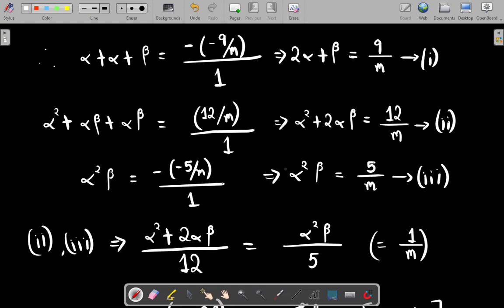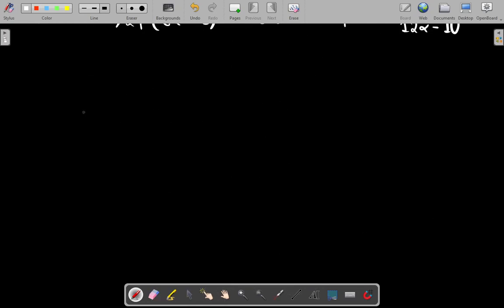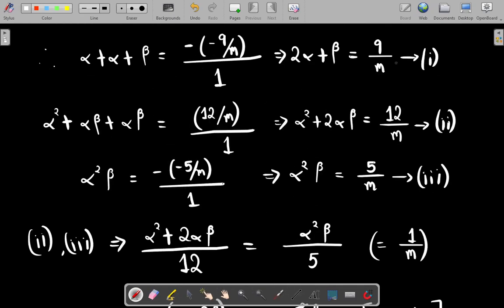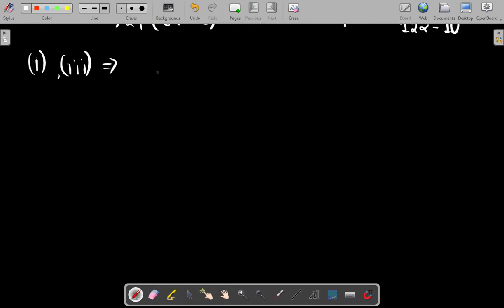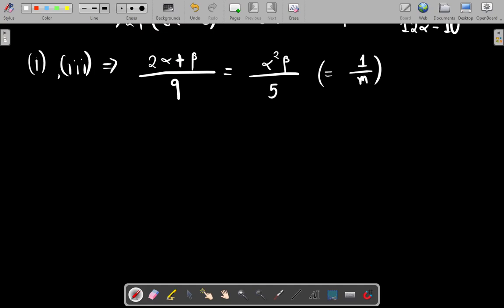Now I have taken equations 2 and 3 here. Now let me try with equation 1 and equation 3. From 1 and 3, again, 2 alpha plus beta upon 9 will be equal to alpha square beta upon 5, as again both of these are equal to 1 upon m.